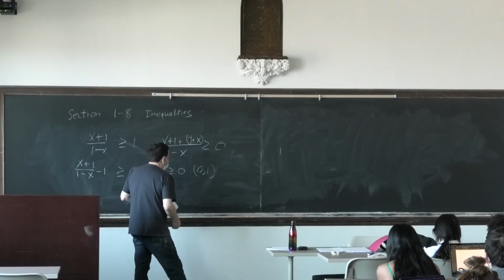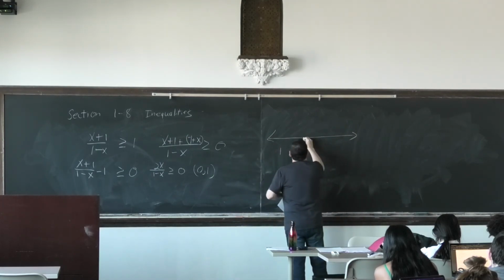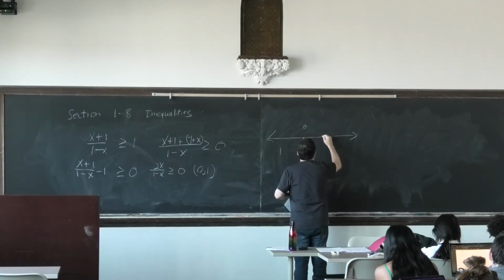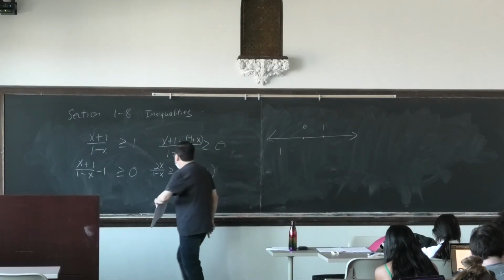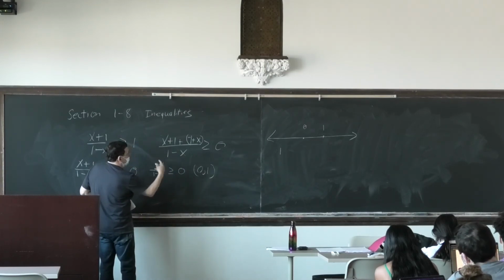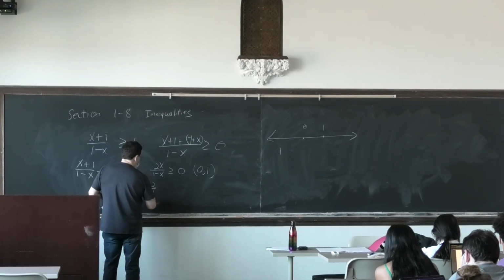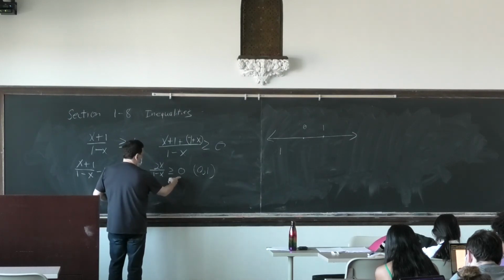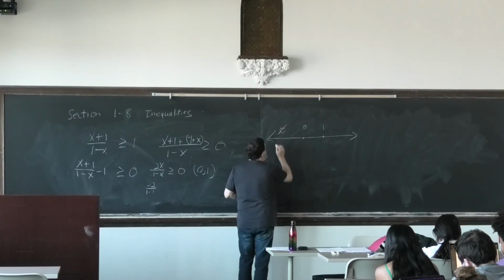All right. So let's look at this. 0 and 1. Let's look at the different regions. Less than 0, let's say negative 1. It's negative 2 over 1 minus negative 1. It's negative 2 greater than 0. No. So this region is out.